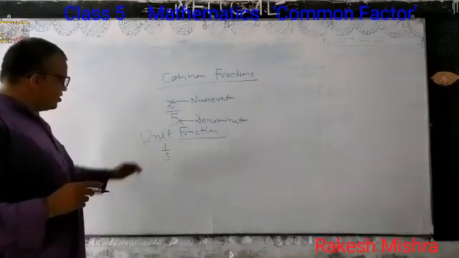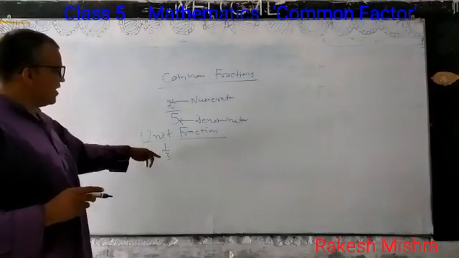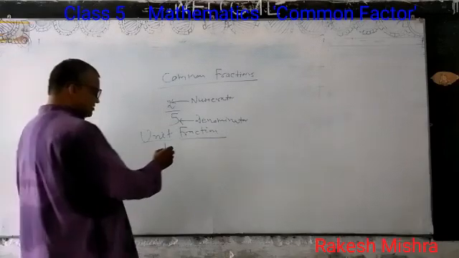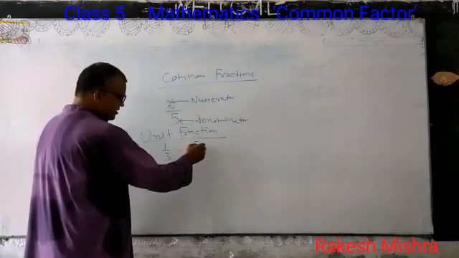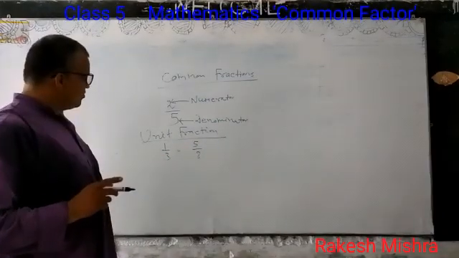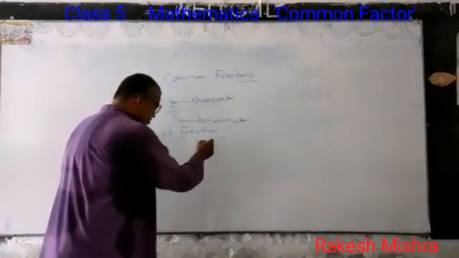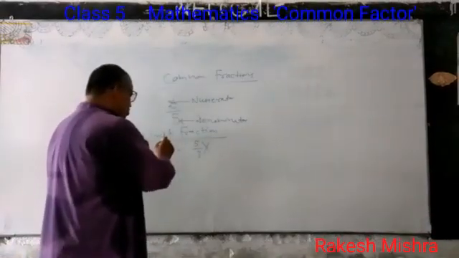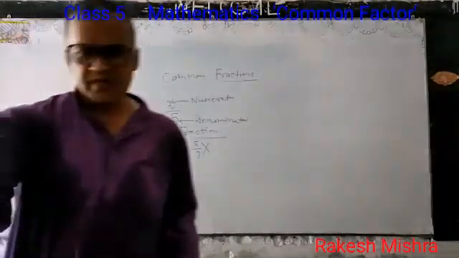We see here numerator is 1 unit. So this fraction is called unit fraction. Many other examples. 5 by 8. Is this unit fraction? No. Why? Because here numerator is not 1. So this is not unit fraction. Here numerator is 1. So this is unit fraction.